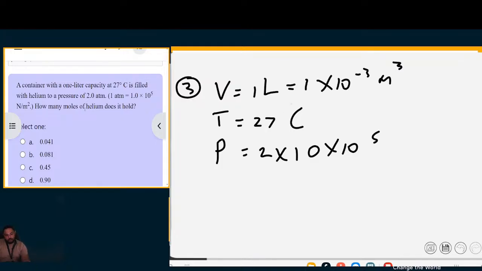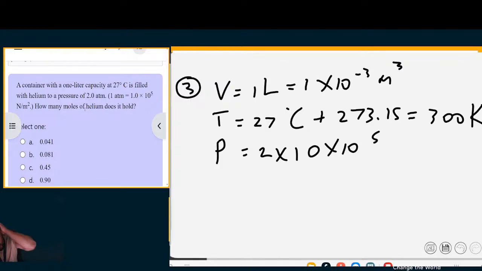Okay, now that is 27 degrees Celsius, so we need to go to kelvins. So we add 273, so plus 273.15. Let's just leave the 15 out. If we go there, that's 300 Kelvin approximately. You don't have to, I just make it easier because I can do the calculations easier this way.